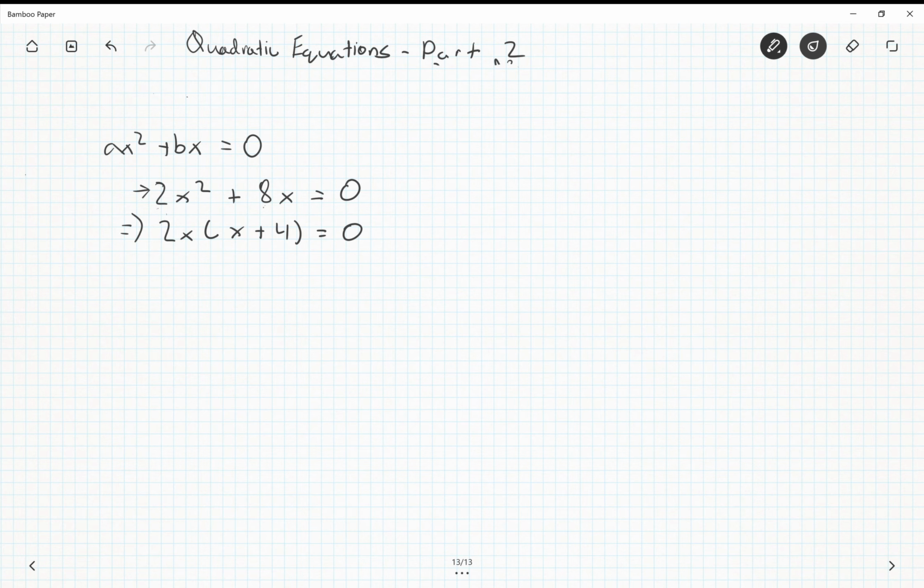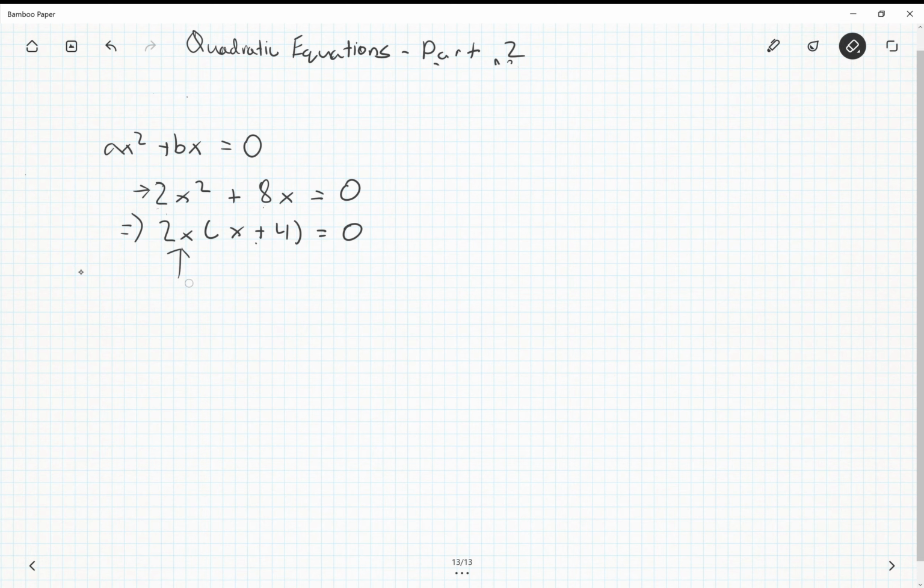Okay, done. So, the way we find out what x equals is one of these terms has to be 0, because one of these numbers has to be multiplied by 0 in order to equal 0. So either x plus 4 equals 0 or 2x equals 0.